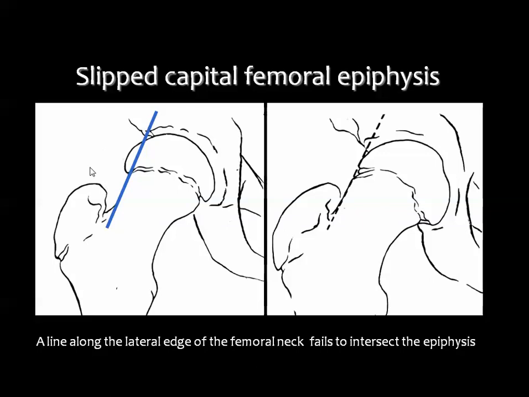This line will include part of the epiphysis if the epiphysis is in its normal site. But if the epiphysis is slipped or starting to slip, this line will fail to include part of the epiphysis.